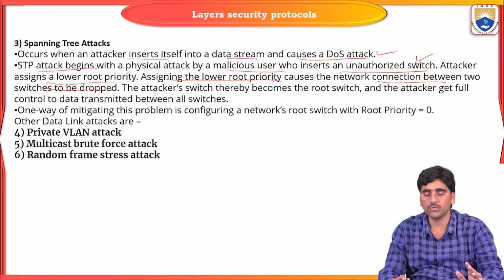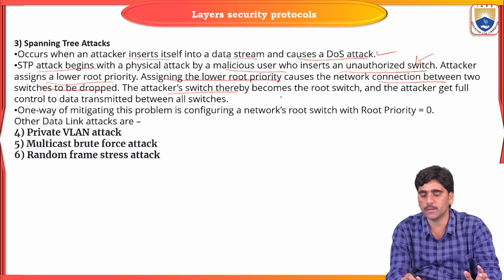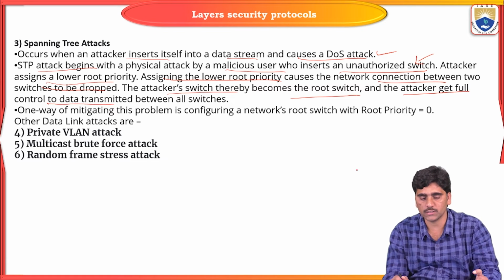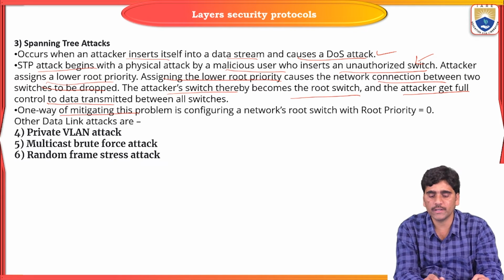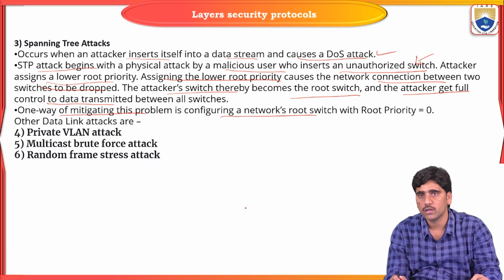The attacker's switch thereby becomes the root switch and the attacker gets full control of data transmitted between all switches. One way of mitigating this problem is configuring the network's root switch with root priority 0.